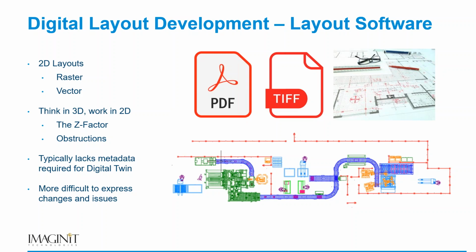PDFs that are brought in, TIFF images that I might consume inside of that general arrangement for things that I don't readily have drawings or as-builts for, right? A lot of times these don't get the attention they deserve to be updated accordingly. Mostly because people have to think in 3D but work in 2D. The Z factor kind of goes out the window.